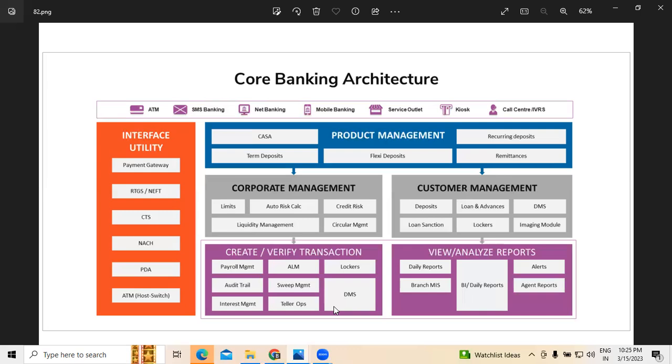When we talk about term deposits, the core banking system processes various operations like term deposit account opening, redemptions, renewal, interest, and maturity processing. The types of term deposits handled include cumulative deposits, non-cumulative deposits, deposit certificates, and denominated deposits.